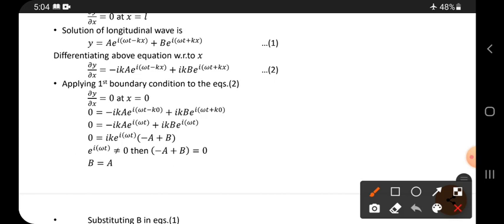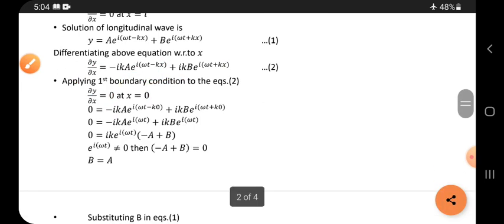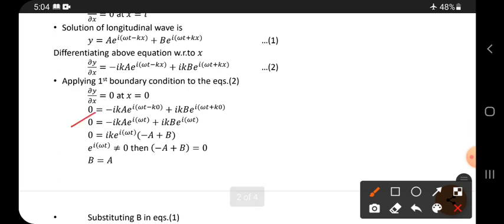Now apply the first boundary condition. This is the first boundary condition, written here once again. Substitute ∂y/∂x = 0 at x = 0, so we substitute 0 values here, here and here. Now take out the common factors: ik e^(iωt) is common, and in the bracket, −a + b.